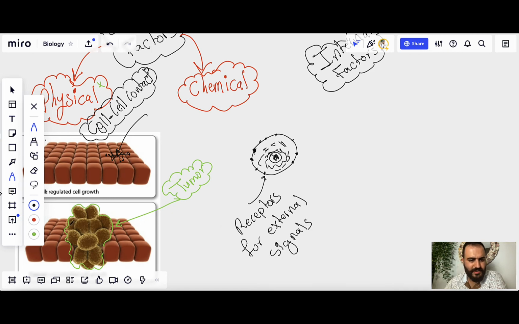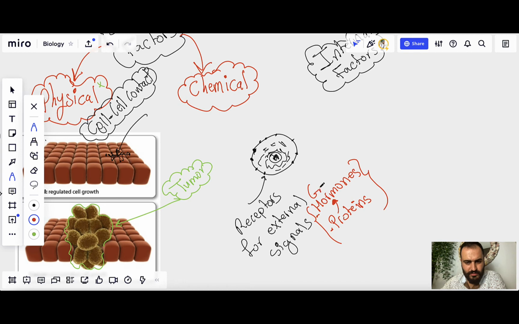Mainly these external signals are usually hormones, or proteins, or other proteins. By the way, hormones are proteins, but not all proteins are hormones.